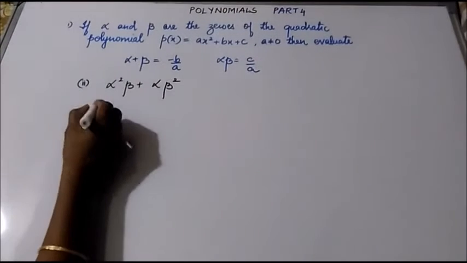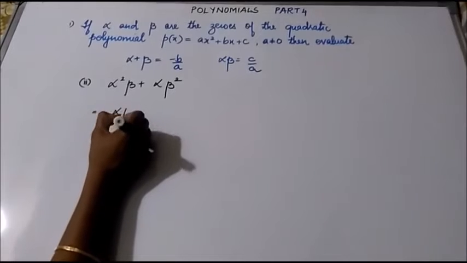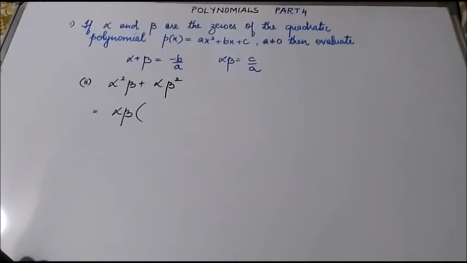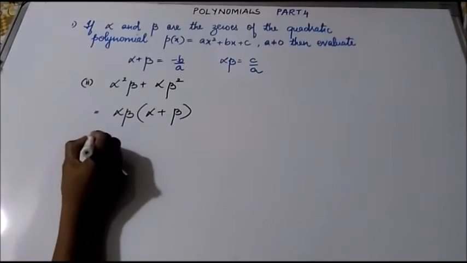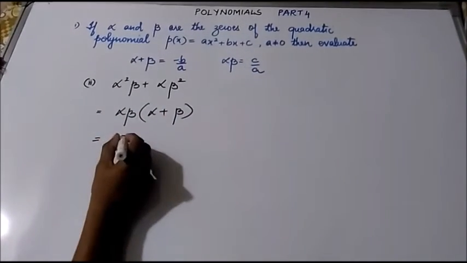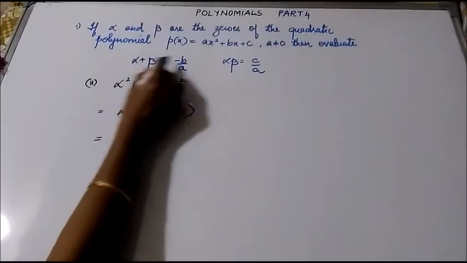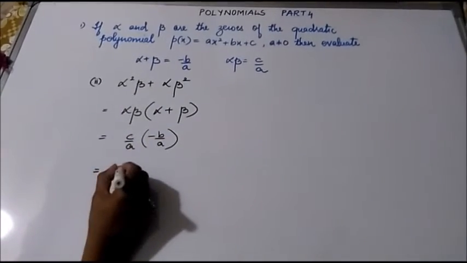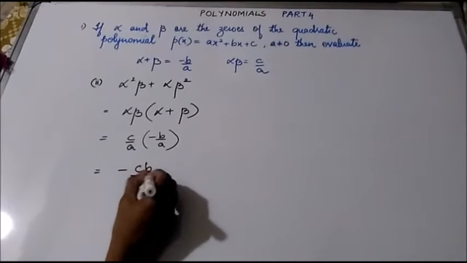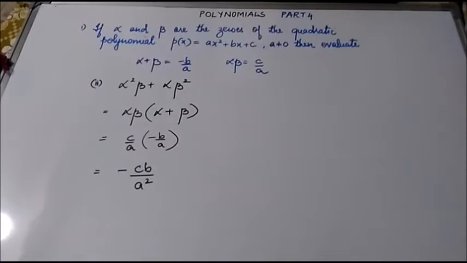What is common? Alpha into beta. So we take common alpha beta. In the bracket we get alpha plus beta. As we know, alpha into beta is equal to c by a. We substitute here. And alpha plus beta is equal to minus b by a. What do we get here? Minus cb by a square.